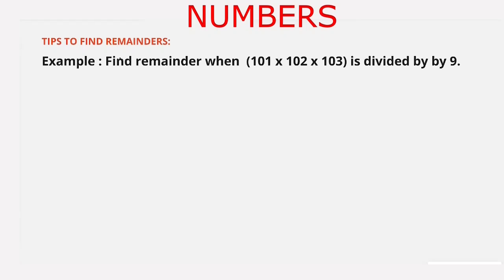The given example is: find the remainder when 101 multiplied by 102 multiplied by 103 is divided by 9. Now what do we have to do? We have to take the sum of the digits. 1 plus 1 is 2, and 2 when divided by 9 leaves the remainder 2.